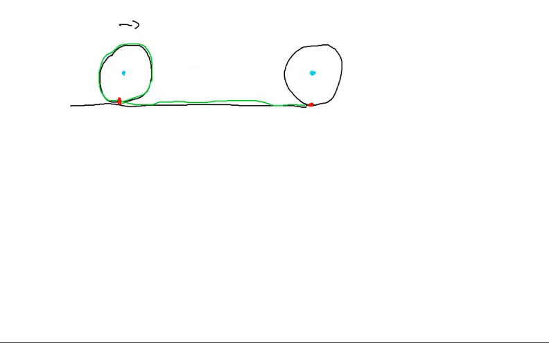What we see is that delta x, the distance traveled by the center of the wheel, is the same as the distance around the wheel. So delta x of the center is nothing other than 2 pi r, the circumference of the circle. That's kind of an interesting fact.